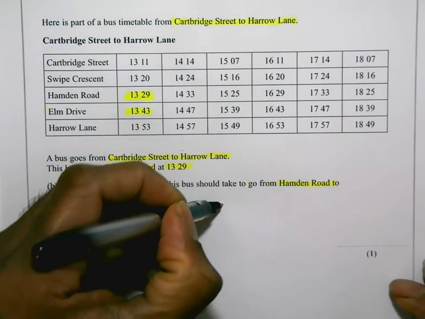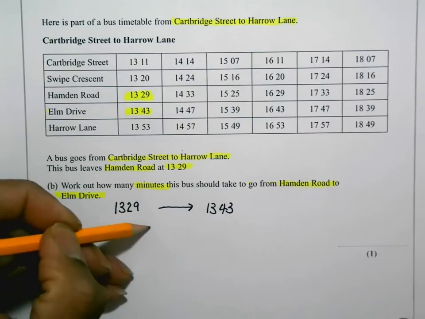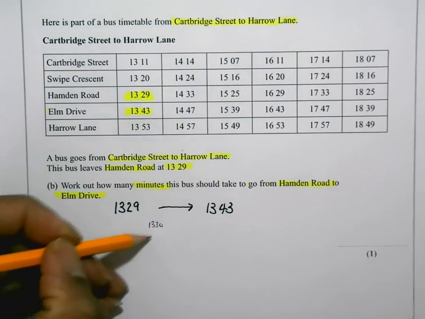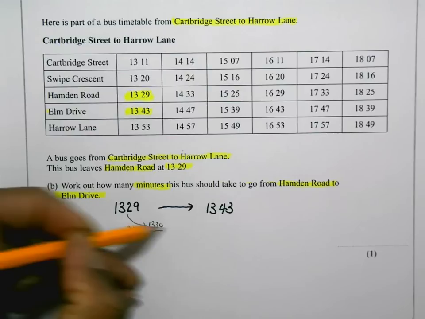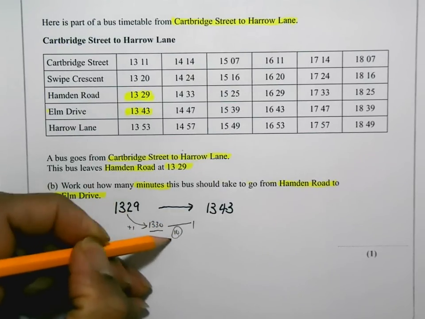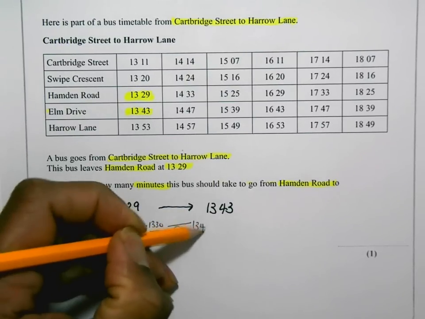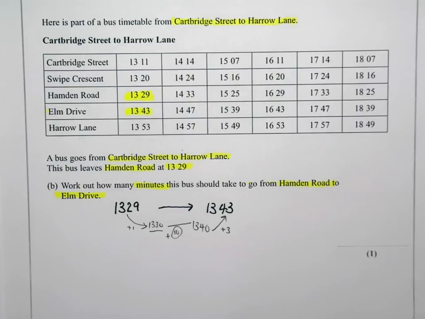to 13:43. Now you could count that up. 13:29, well, that's 1 minute away from 13:30, so that's 1 minute. And then if I add 10 more minutes, that's going to be 13:40. And then add 3 more minutes, that'll take me to 13:43.